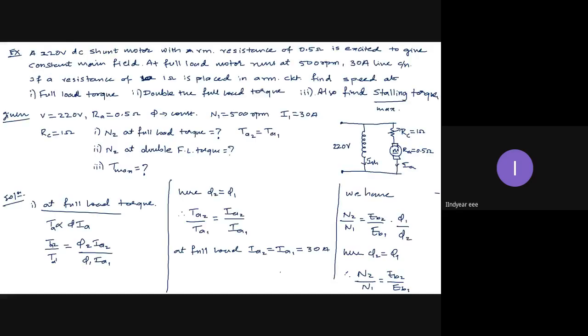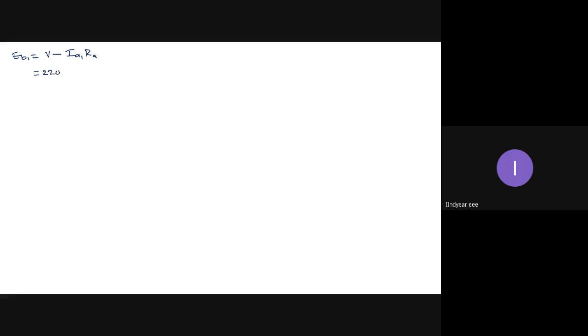So EB1 is equal to V minus IA1 RA. This is the first case where I haven't yet inserted the control resistance. So supply voltage is 220 minus IA1, which is 30 amperes, into RA, which is 0.5. So this comes out to be 205 volts.